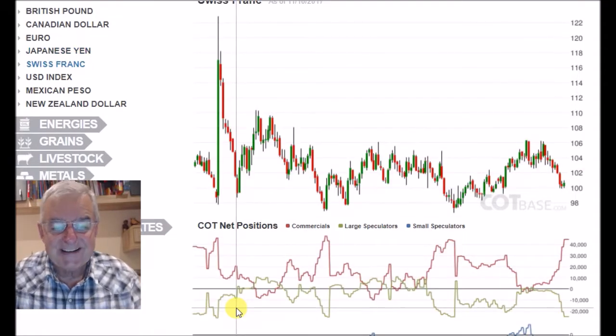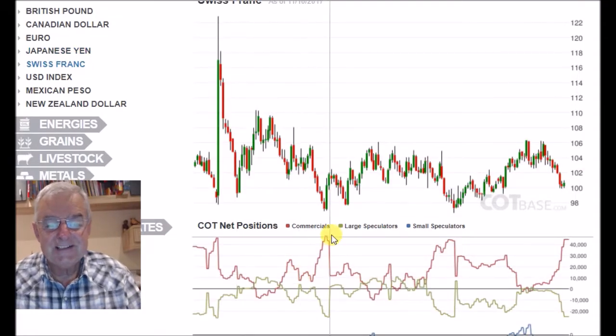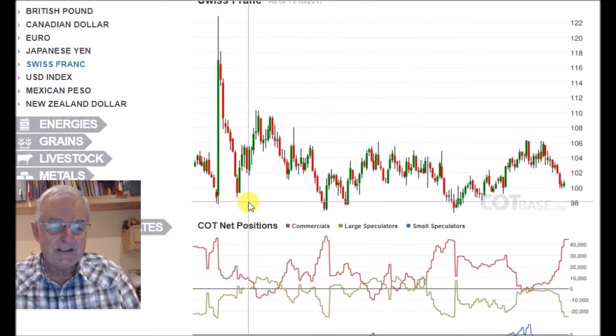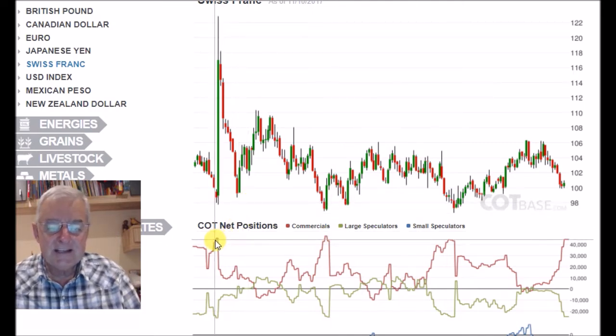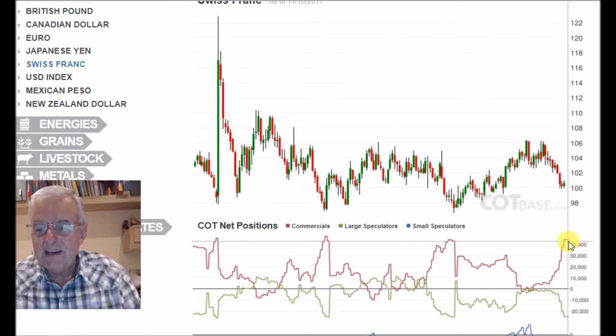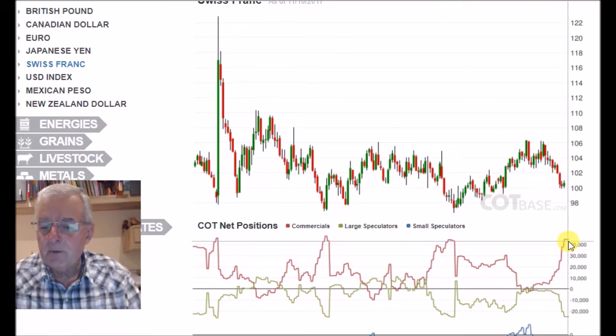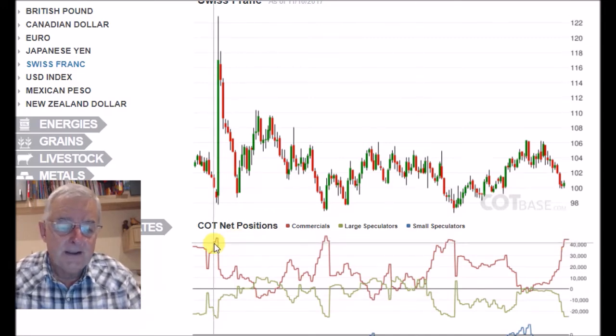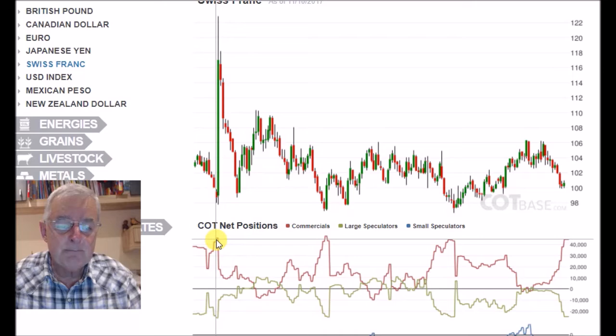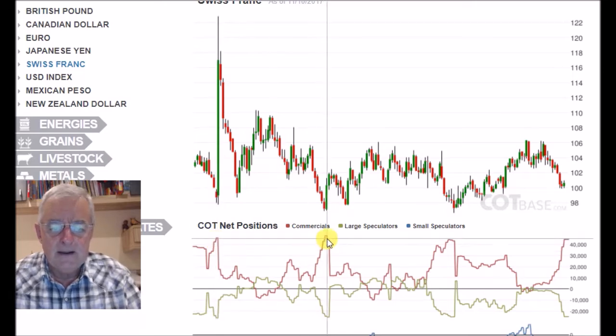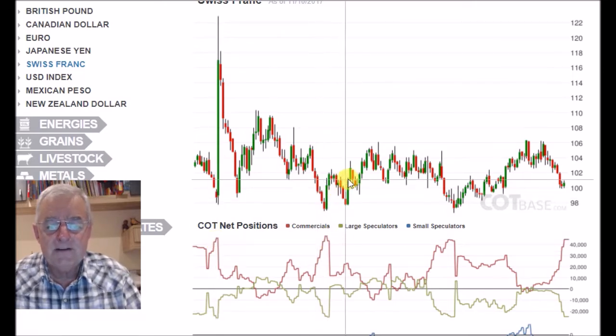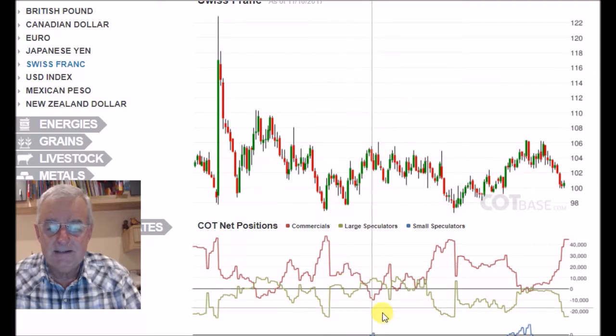Right, Swiss franc. Now I've put this on a 3-year chart, which is quite interesting, and I think you can see what happens when we get an extreme bullish position by the Commitment of Traders on the Swiss franc. I think this was the black swan. This one was a very nice move up that we had here.